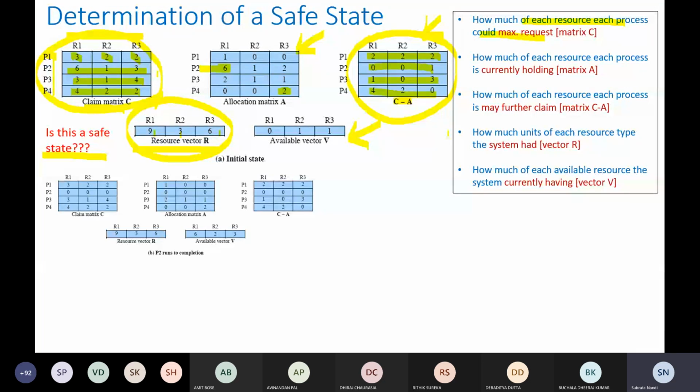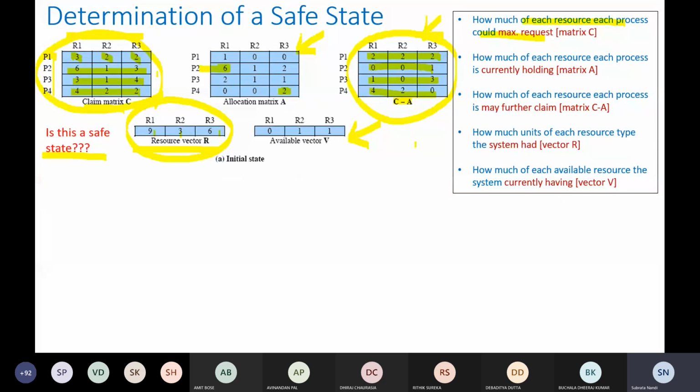These are hypothetical requests that we are considering. So whose request can be satisfied right at this moment, if this is the available vector, out of P1, P2, P3, P4, based on the availability?